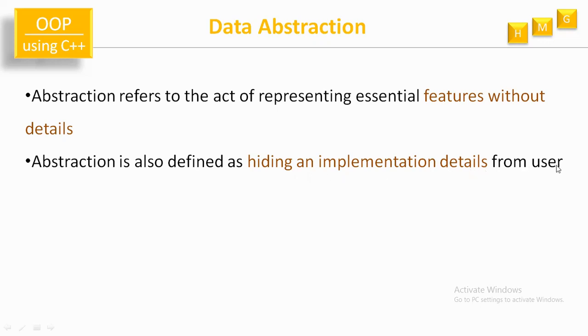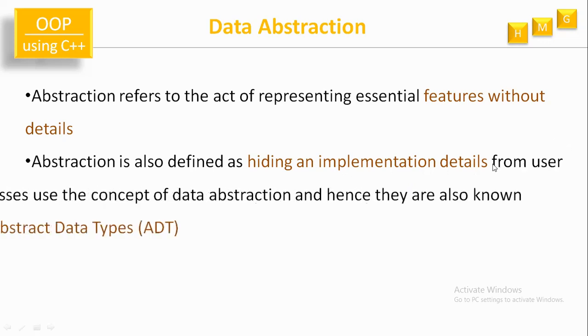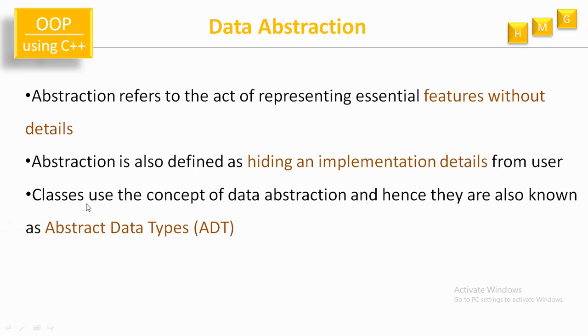So whenever you are defining the abstraction or abstract data, the actual implementation is not given in detail. In this way it is hidden from the user. What operations will be performed, what type of implementation will be done, that will be hidden from the user. Now here in OOP, the classes use the concept of data abstraction.